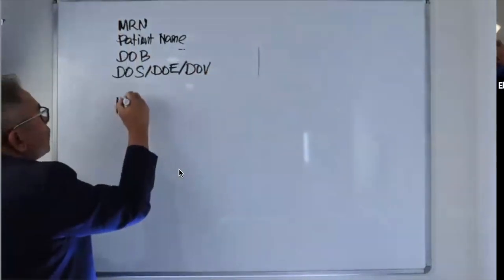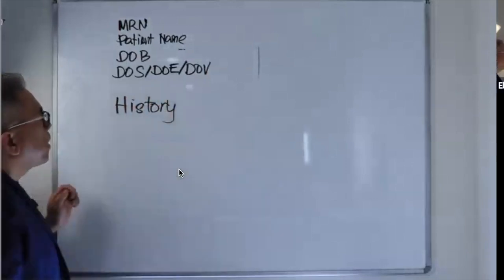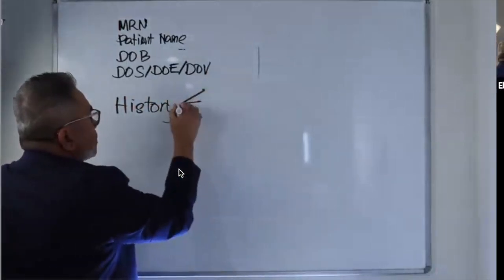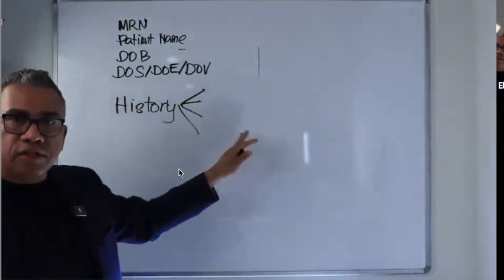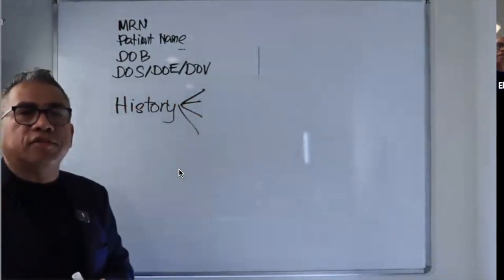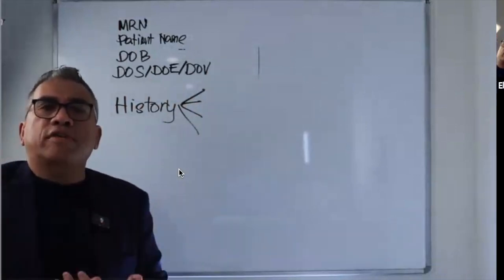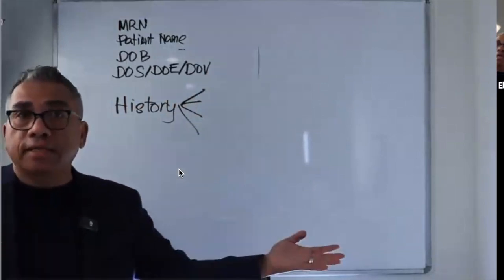Now, it starts with the history. Guys, there are many components of the patient's history. When we talk about the patient's history, it covers what the patient is currently experiencing, why the patient is in the doctor's clinic right now.